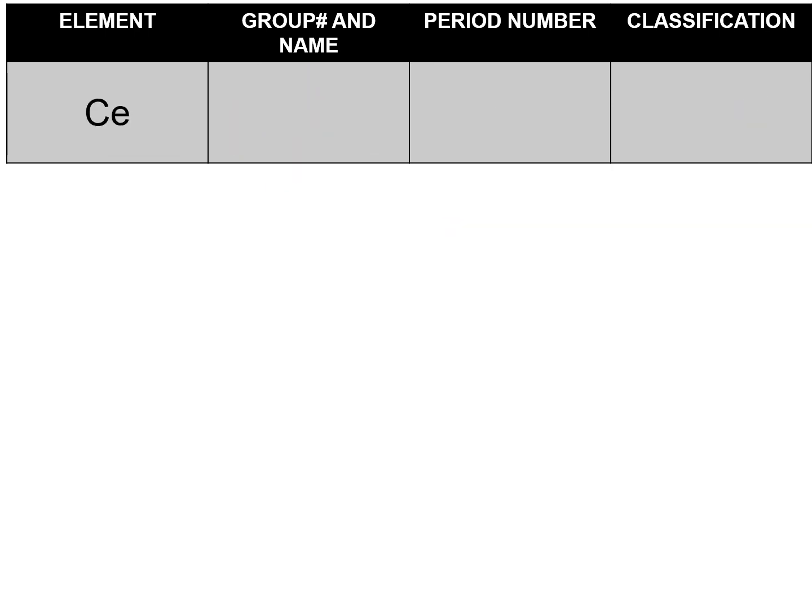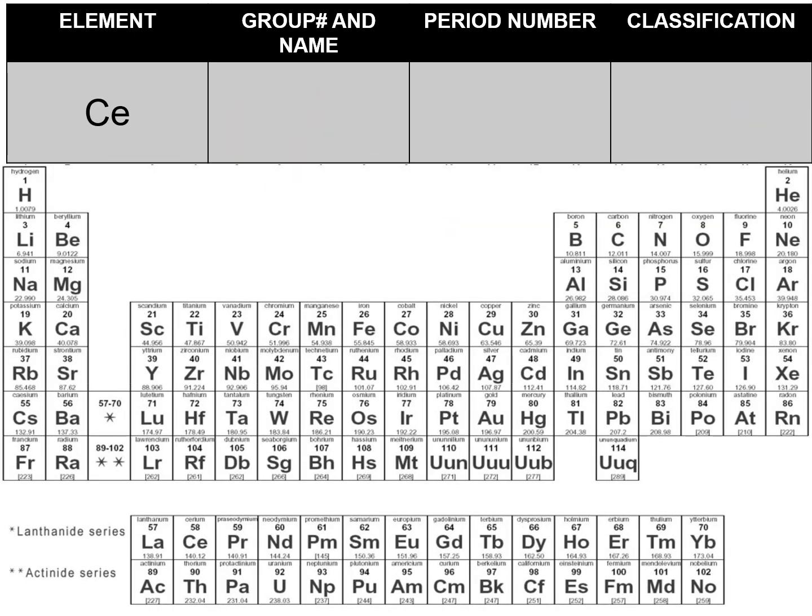Last example. Ayan. So, Ce. Let's have Ce. Ito. Ito si Ce class. Ayan. So, Ce. So, kanyang group number and name. Lagyan natin ng number. So, we have here 1, 2, 3, 4, 5, 6, 7, 8, 9, 10, 11, 12, 13, 14, 15, 16, 17, 18.